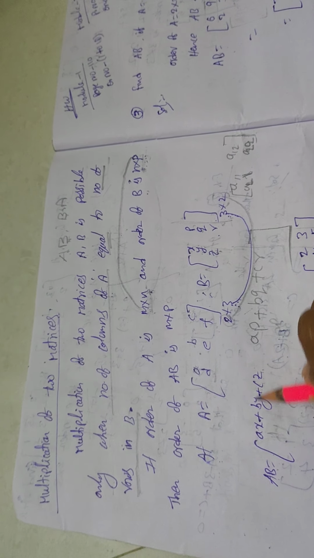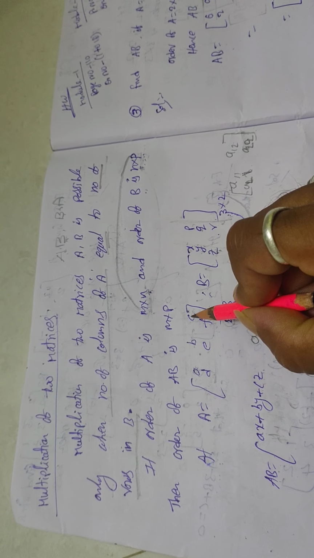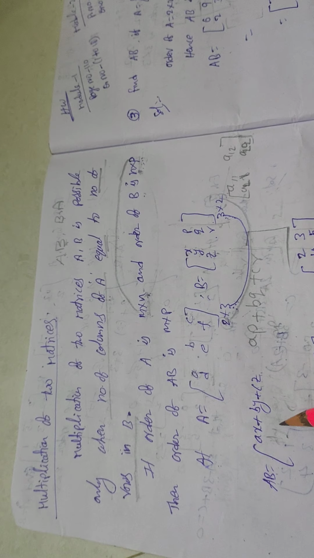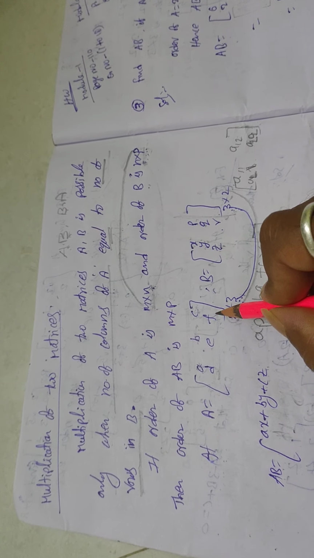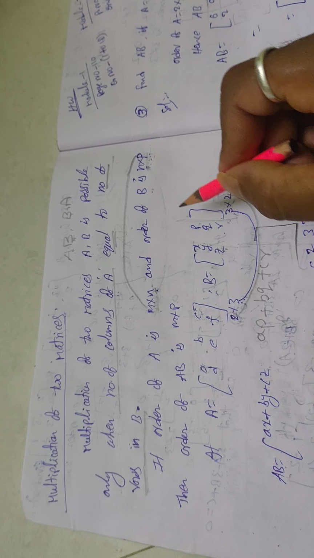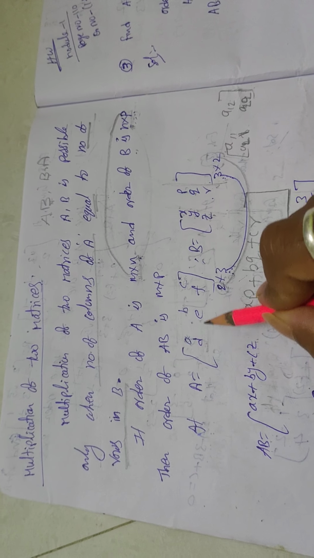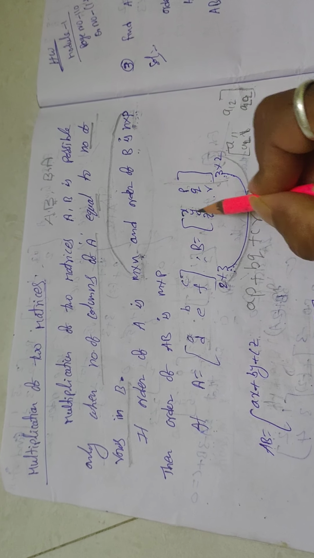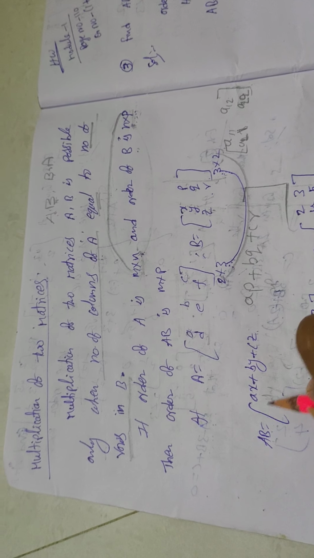Here to get the first row of the resulting matrix, we used the first row of the first matrix. To get the second row of the resulting matrix, you have to use the second row of the first matrix, and we have to apply the condition for columns in the second matrix. So same procedure, DEF multiply to XYZ and add them. That gives the A21 position. That means what?